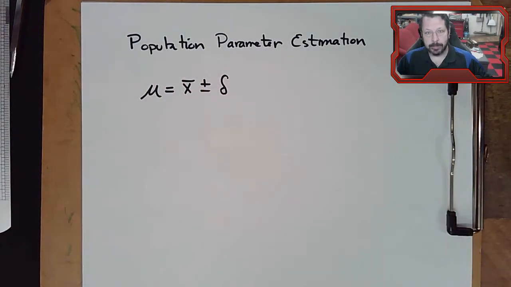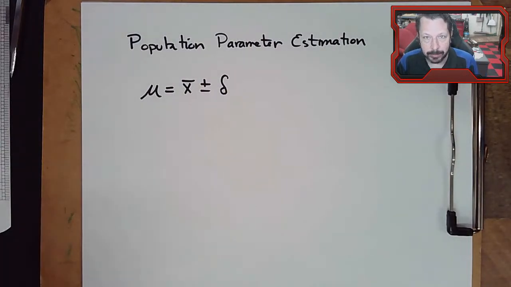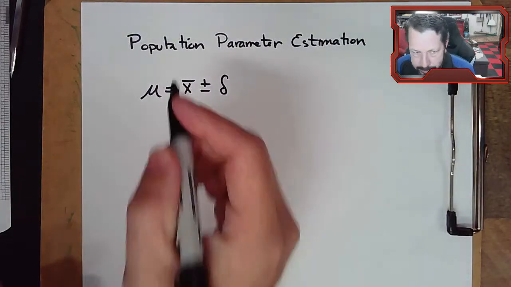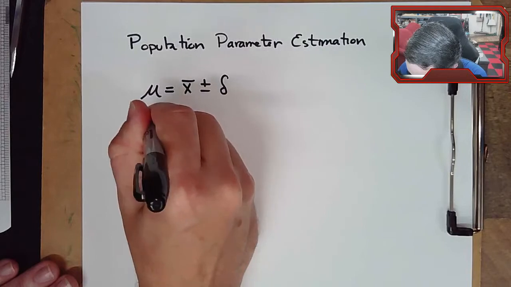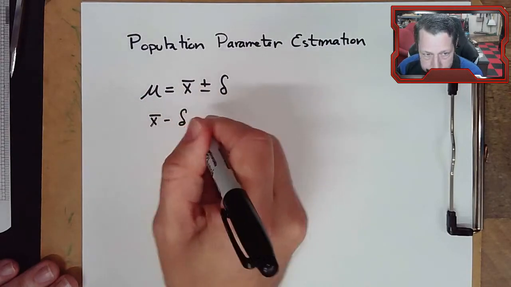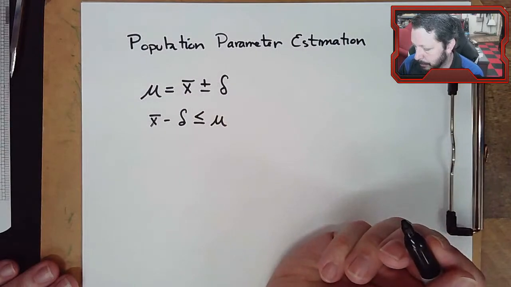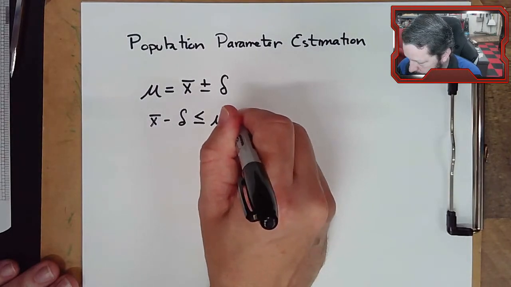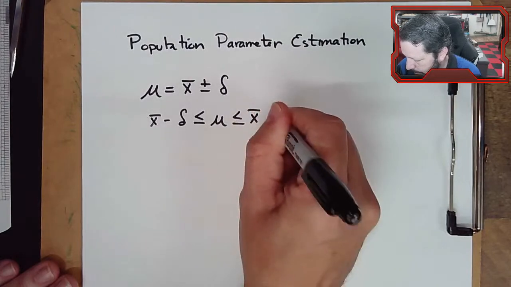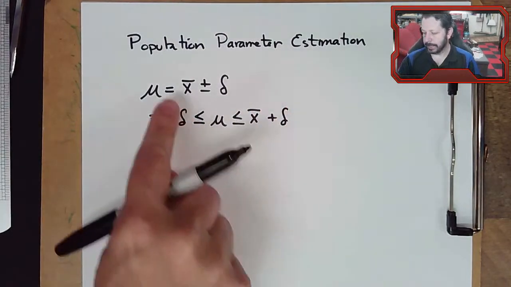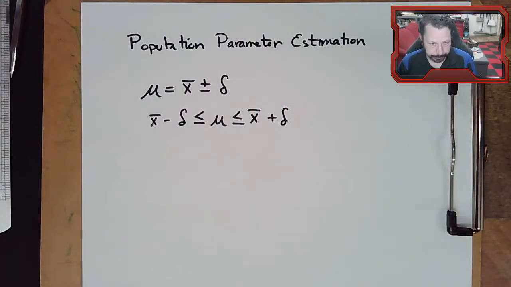So some parts on either side, and delta is going to be the same on both the positive and negative side. Another way you might see this written is that your sample mean minus delta is smaller than the actual population mean, which is smaller than your sample mean plus delta. Sometimes you'll see it written out that way. That's the same equation, just spread out.